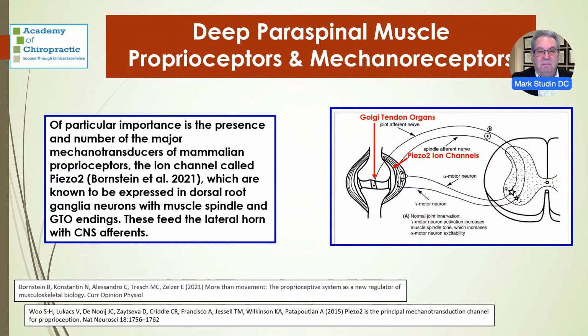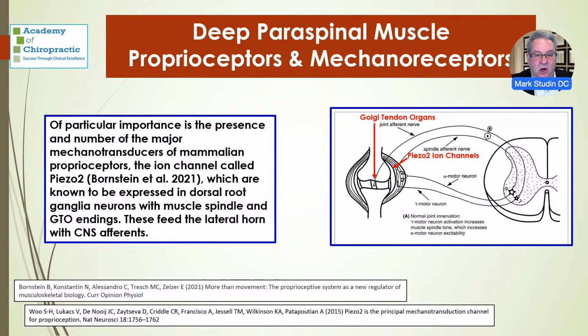Then you have deep paraspinal muscles, which are actually proprioceptors and mechanoreceptors. But in our conversation, we're going to talk about them in terms of proprioceptors. And there's something called the Piezo2 ion channels. So what happens is when the mechanoreceptor information goes into the dorsal root ganglion of the cord, it shoots over to the muscle spindles.